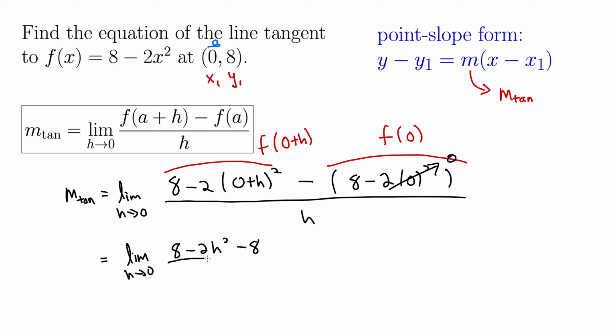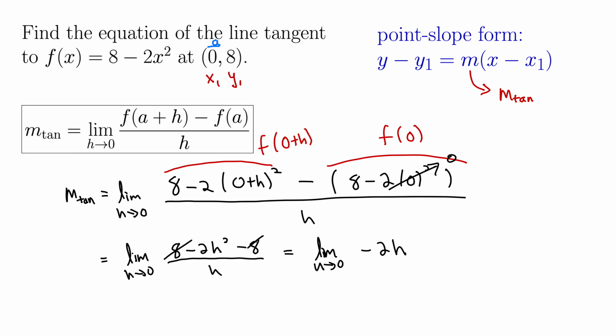That's all we have up top, all over h. And look at this, this is where we get our h in the denominator to cancel out. We have the limit as h goes to 0. 8 minus 8, those cancel out. So we have -2h²/h, which just leaves us with -2h.